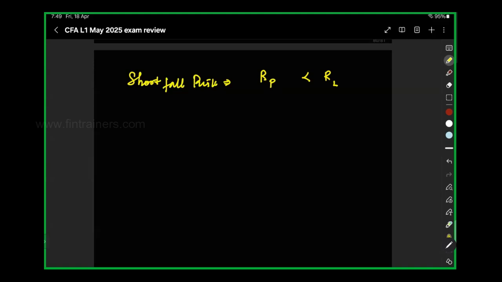Roy's safety first ratio, I'm going to abbreviate that as SFR, is just your RP minus your RL, divided by your standard deviation.